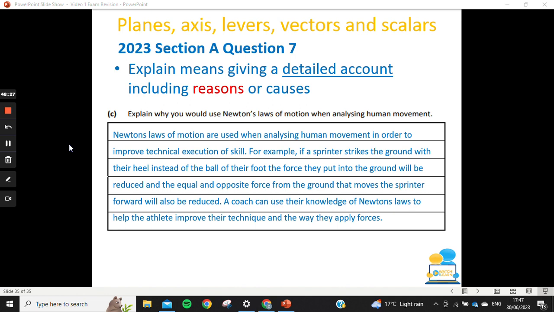And that means that the forces from the ground into the sprinter's leg will be reduced, and these forces are the ones that propel a sprinter forward, and that will reduce the speed of the sprinter. So again, we know that Newton's laws of motion are applied by coaches when they're trying to improve technique of a certain skill.